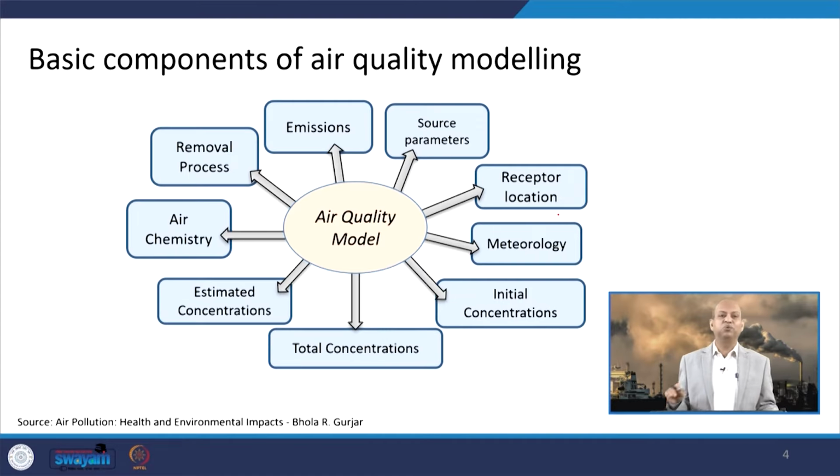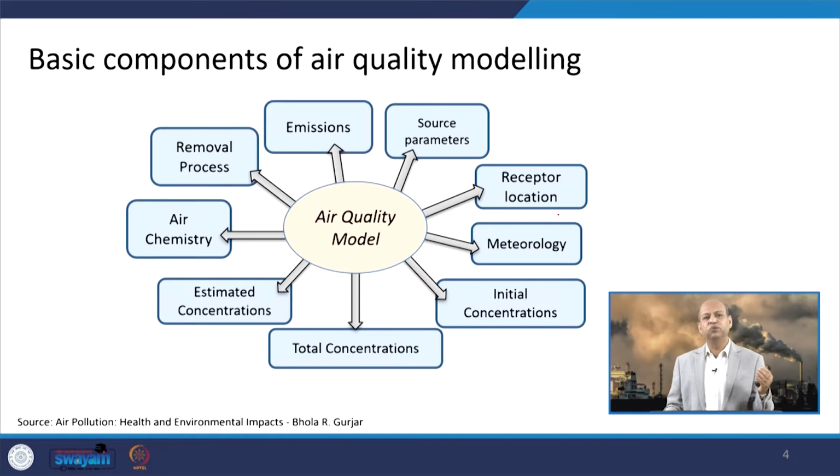Then the receptor location: what is the point of interest where we want to calculate the concentration? For example, from an industrial area to a village, we want to see how much dilution happens and what is the impact on the air quality of that particular village. Suppose some industrial area is coming up, it is planned.